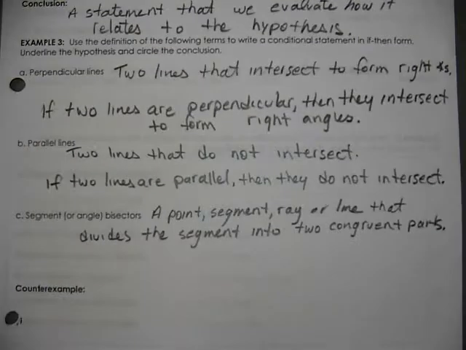The congruent parts is important here. We're going to talk a lot about things being the same measure, the same size, and we won't use the word equal. We'll use the word congruent each time.